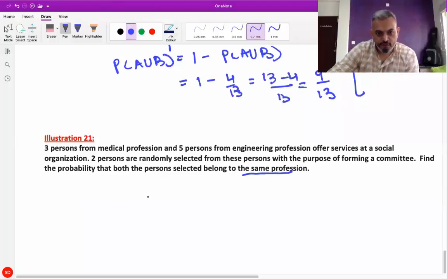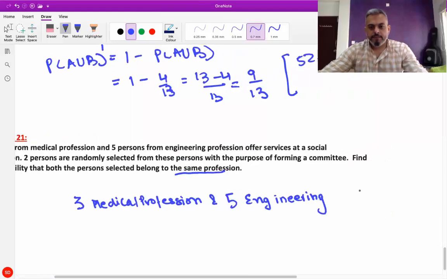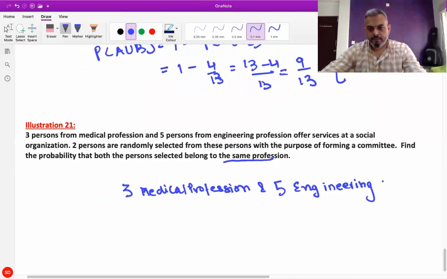Let's first write what we know. 3 are from medical profession and 5 from engineering profession.